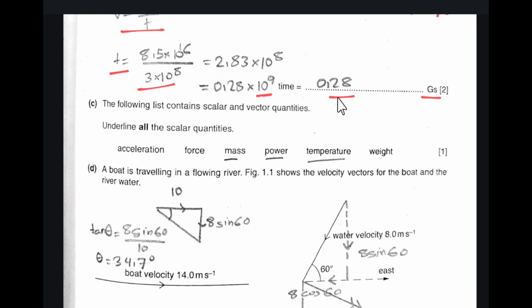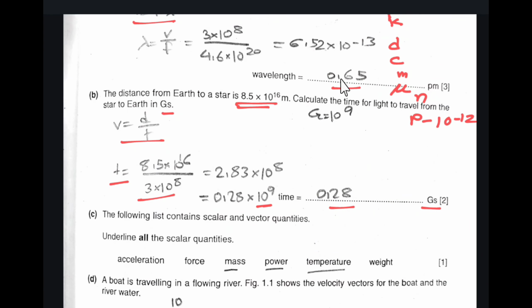You have to remember that for most of our answers in physics, we have to give the answer to two significant figures, that is 1, 2. This is also 2 significant figures. For significant figures, you have to remember that this is two significant figures, this is 3 significant figures, that is 1, 2 and 3.